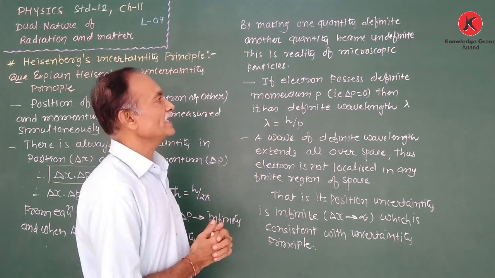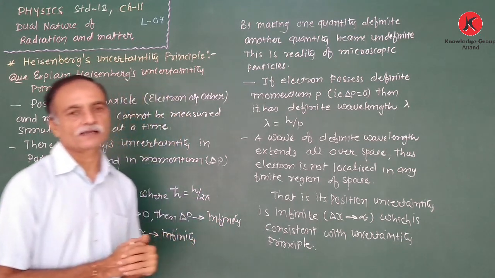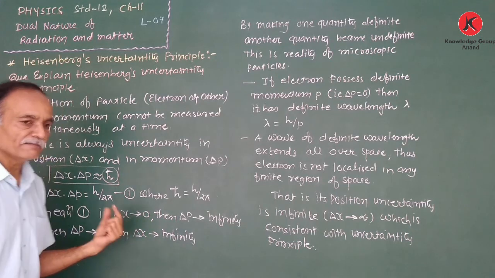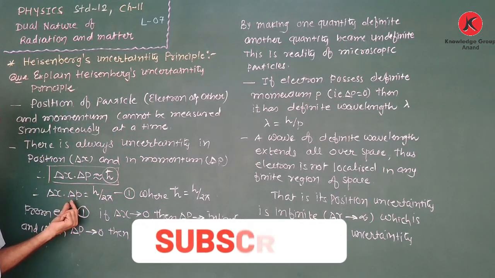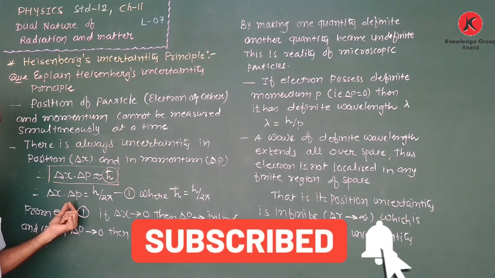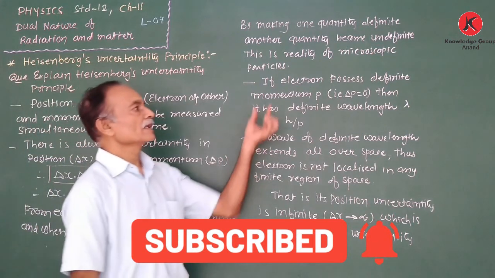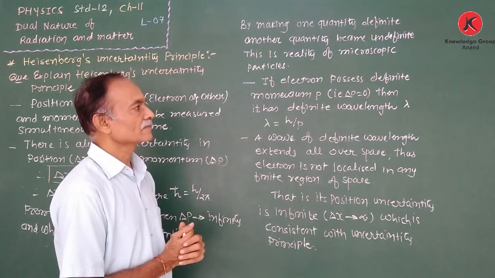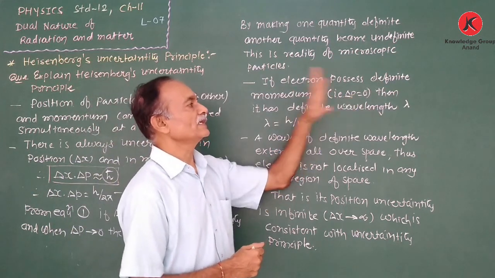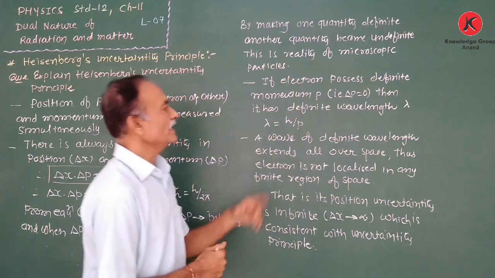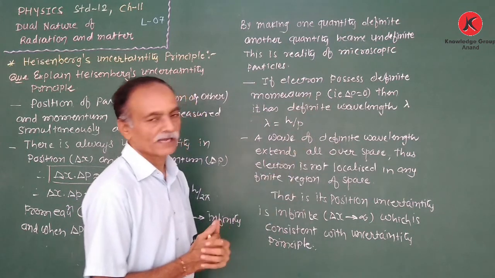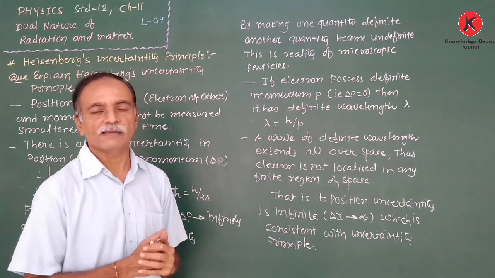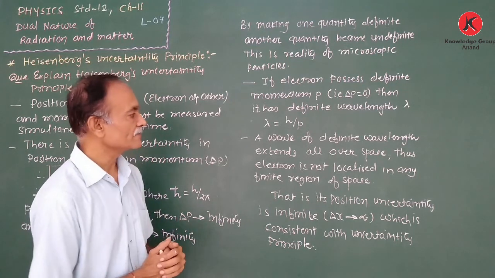This is the reality of microscopic particles. So Heisenberg suggested that as we make one physical quantity more definite, the other becomes more indefinite. If the electron possesses a definite momentum p, so the change in momentum is 0, then it has a definite wavelength lambda according to the de Broglie equation, lambda is equal to h upon p.